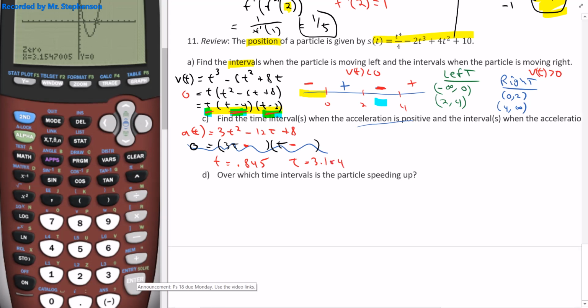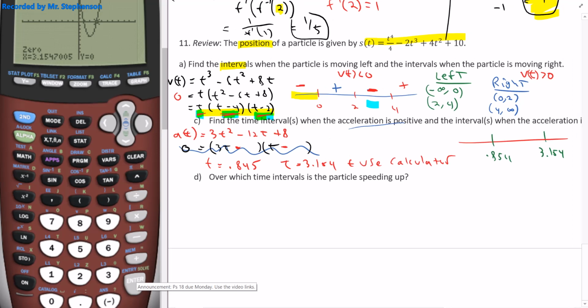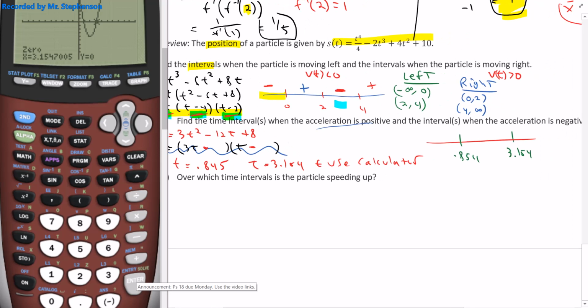And again, we used our calculator here, right? And then let's do a little chart here. We have 0.854 and we have 3.154. That's cool. It's pretty close to pi. And I don't even need to check this. I can just look at the calculator, right?